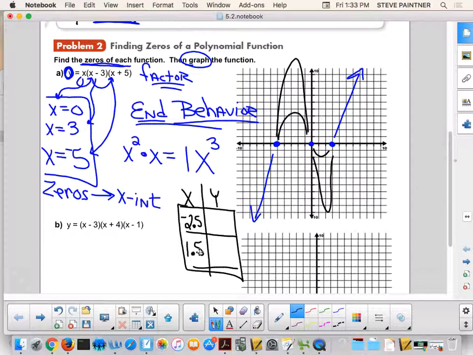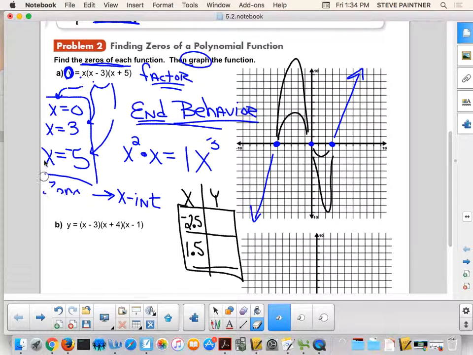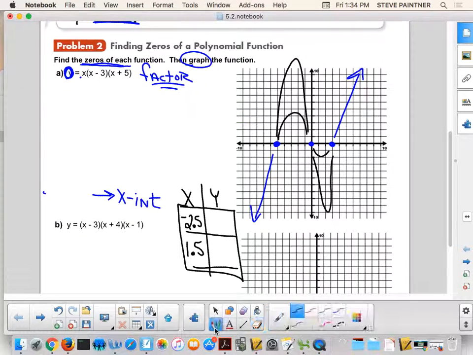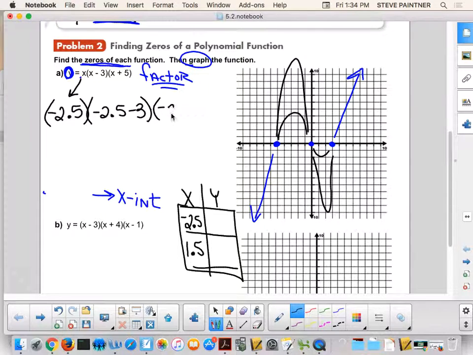Okay, now go put them into your polynomial function up here. Hang on, I'm catching up to you. So here's me doing your negative 2.5, negative 2.5 times negative 2.5, take away 3. 34.375.